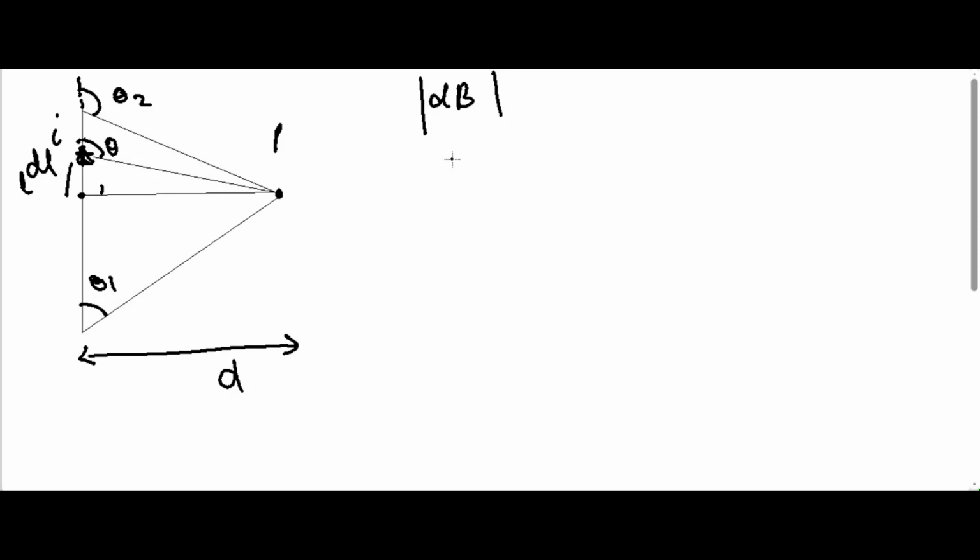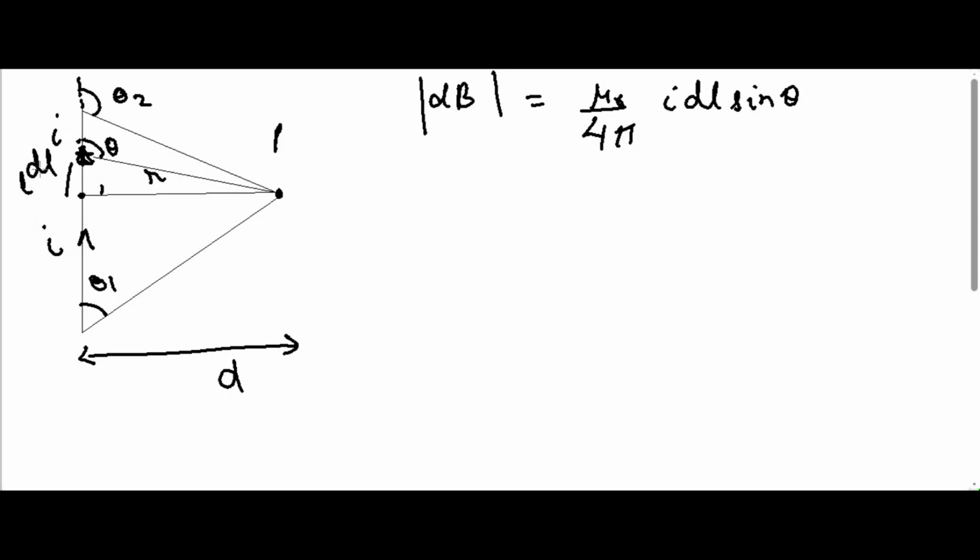Now, using Biot-Savart's law, the magnitude of dB will be equal to mu naught by 4 pi I dl sin theta. This is the r vector, and the direction of the dl vector is given along the direction of the current.